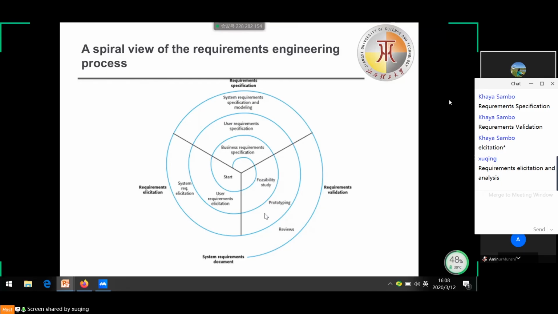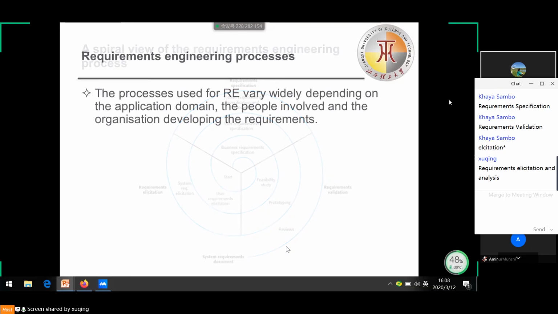This is another view of this spiral model. As we have said before, the processes used for requirements engineering vary widely depending on the application domain, the people involved, and the organization developing the requirements.